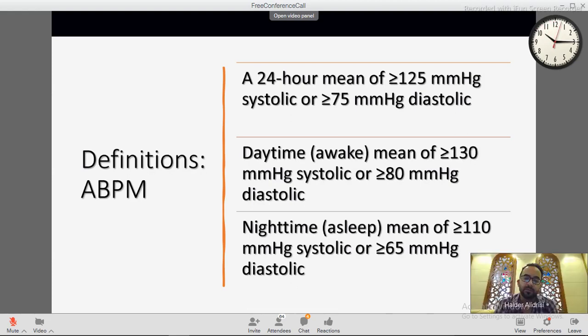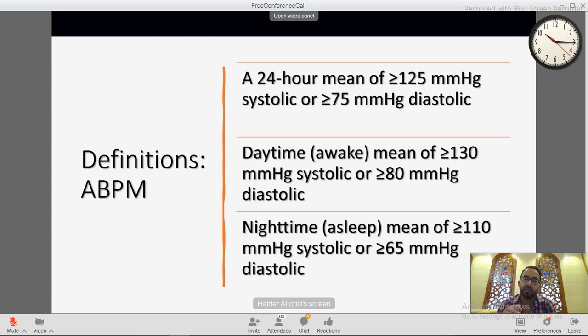Because these are 24-hour readings of blood pressure, a mean systolic of 125 or more, or a diastolic of 75 or more, is the definition of hypertension.